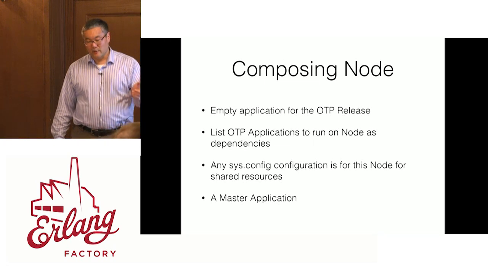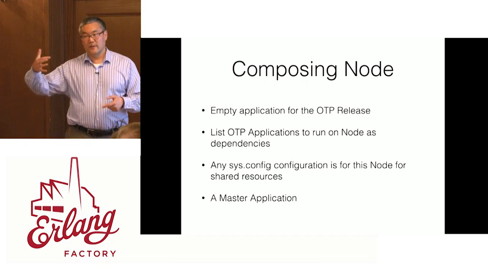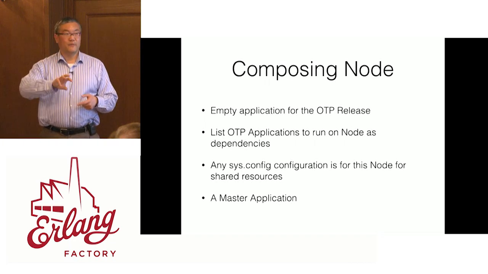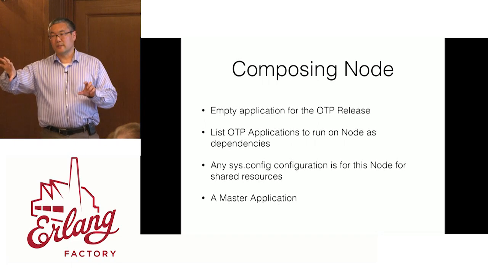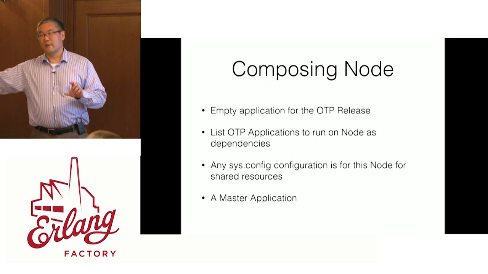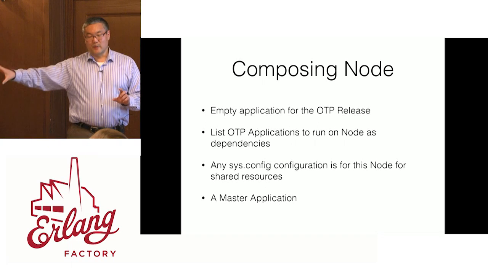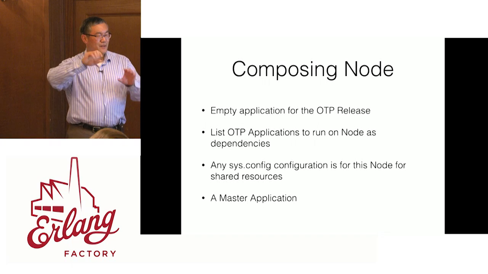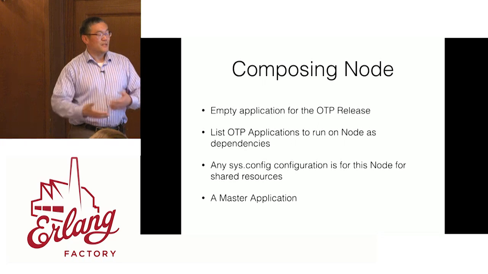In one of the examples, we wanted to put some private files in the priv directory that was more closely associated with the release than with the application that they were actually coming from. And so we needed to be able to tell that build process where to put the priv directory, under the application name of the top level application, the one that was connected to the release.